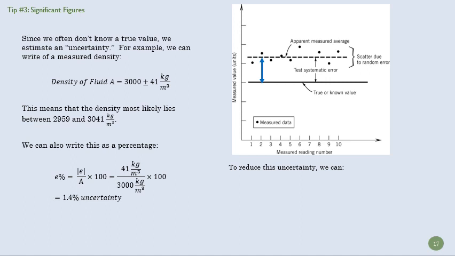So uncertainty is always there. We can reduce it by taking more measurements. If I throw that baseball 1,000 times, I'll have a better average than if I just throw it 3 times. We can use a more accurate instrument, so instead of a meter stick, we might use a laser to find out that height. And then we try to control our extraneous variables.